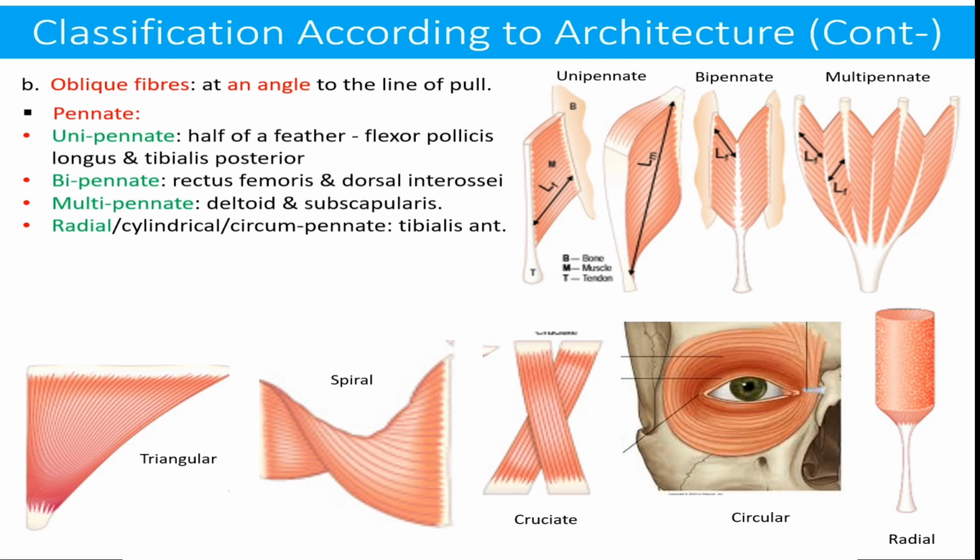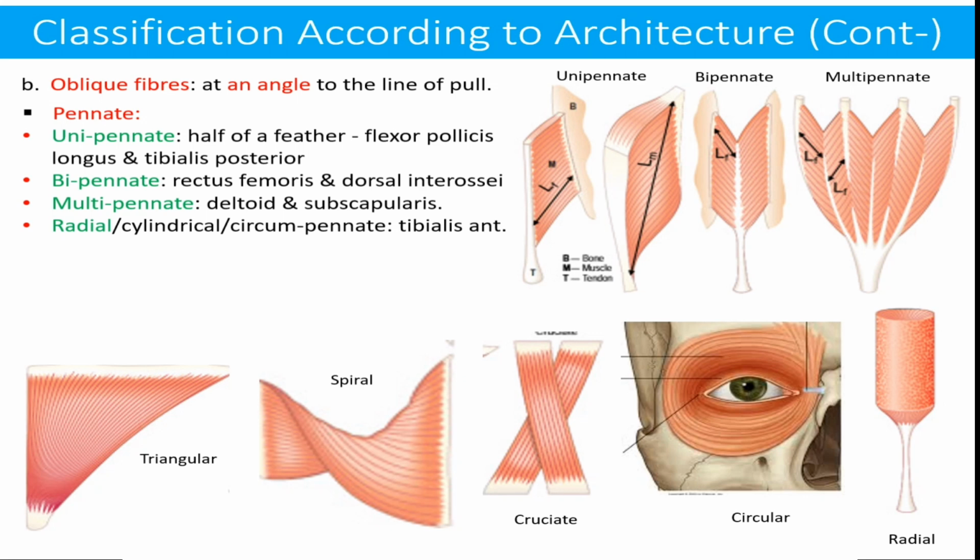Unipennate muscles are like half of a feather and represented by flexor pollicis longus and tibialis posterior. Third, multipennate, a number of bipennate placed side by side, represented by deltoid and subscapularis muscle.